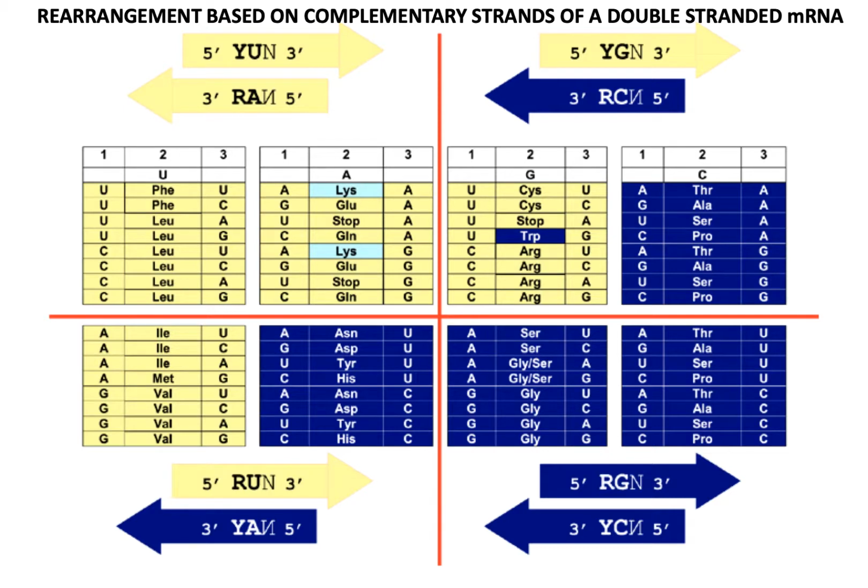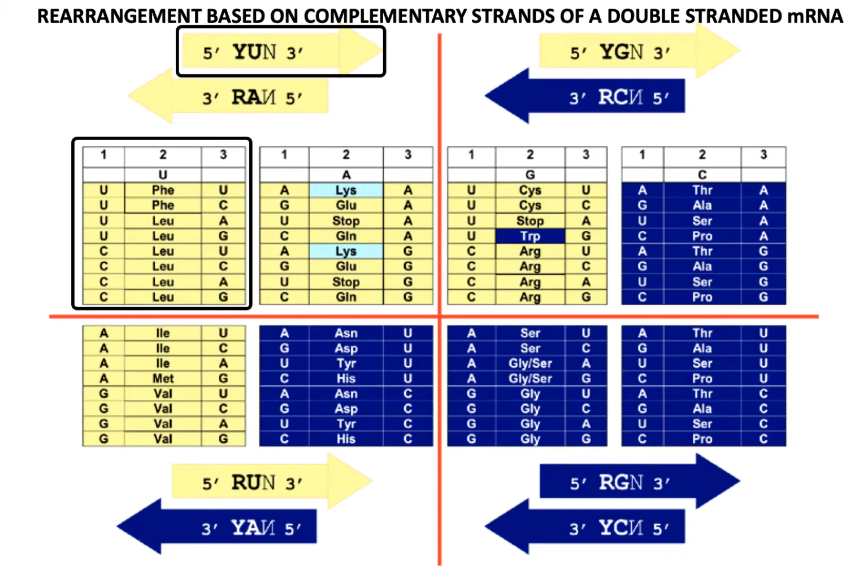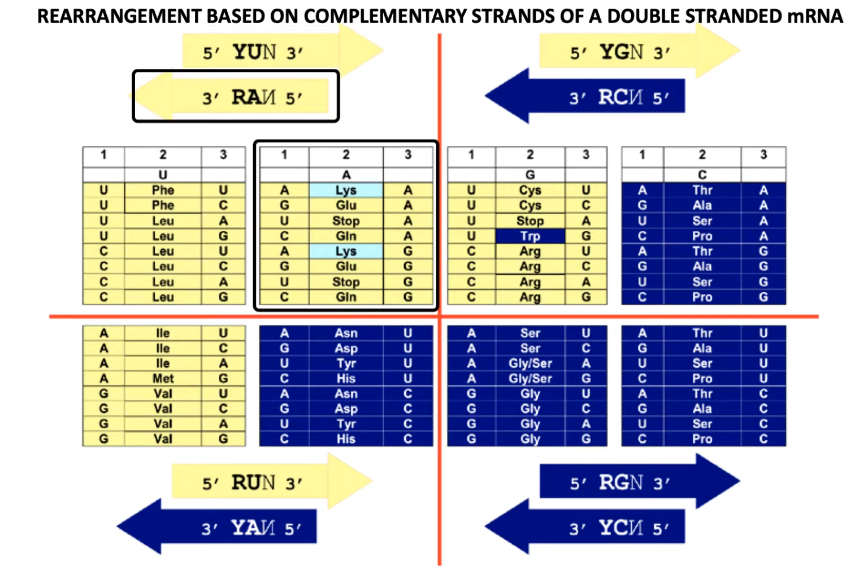So this is one where one set of amino acids is coded by YUN, where Y is a pyrimidine, either a U or a C, N is anything. And in the opposite direction, it's NAR here, and R is a purine, either an adenine or guanine.